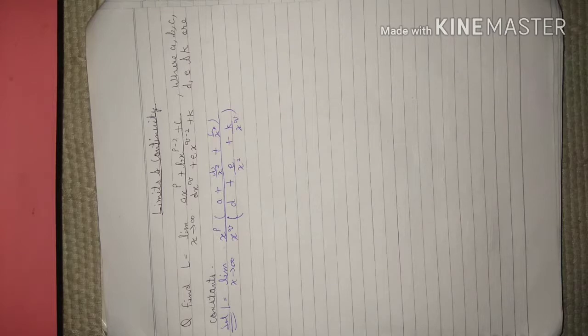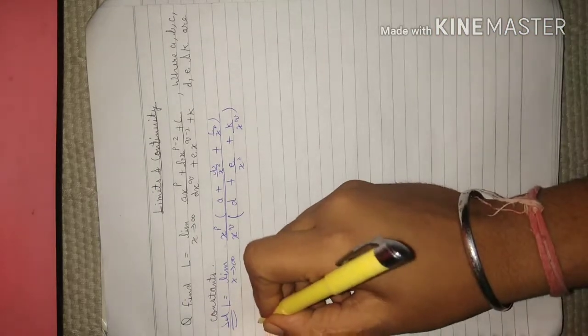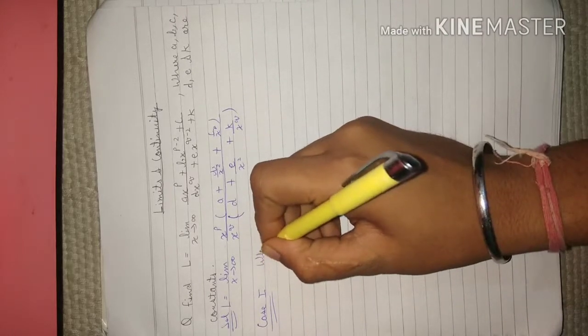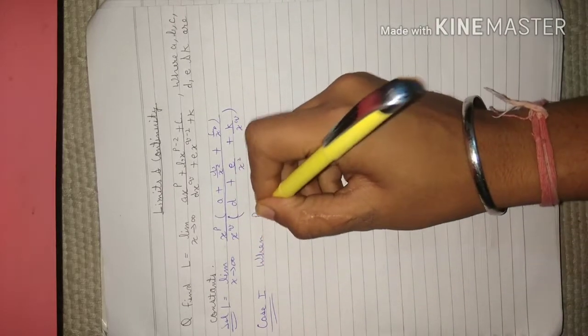Now there arises the case whether p is greater than q, or q is greater than p, or they may be equal. Therefore there can be three cases. Case 1, when p is equal to q.